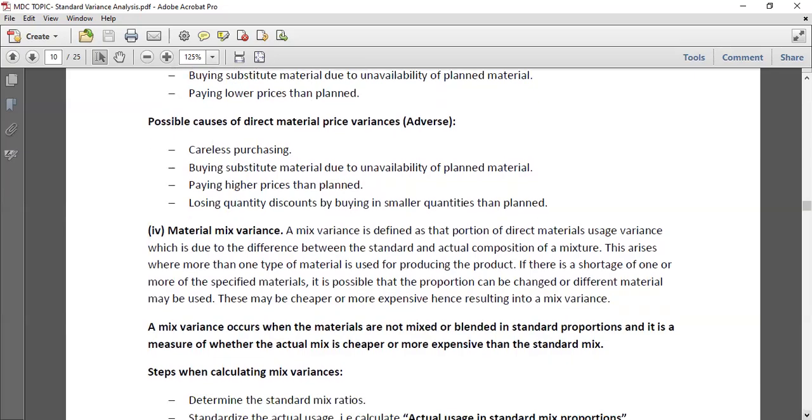We also have, when it comes to materials, what we call the material mix variance. When we are speaking about material mix variances, here we are looking at mixing, from the word mix, and it looks at products that are made by more than one material.